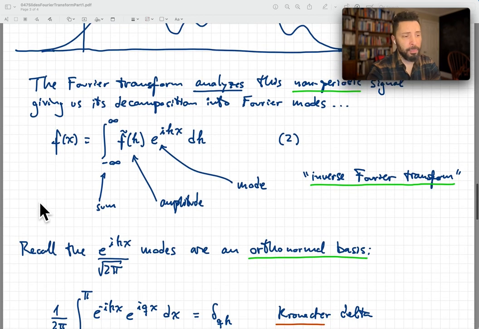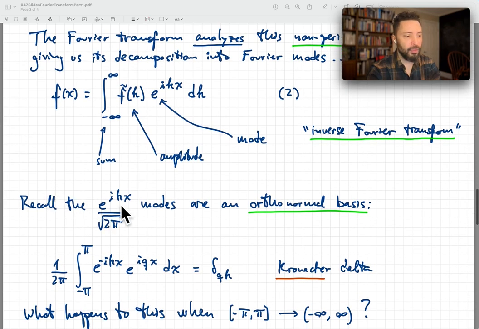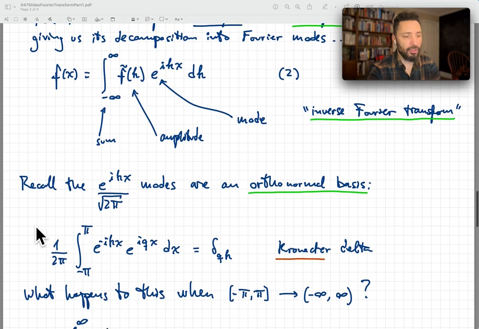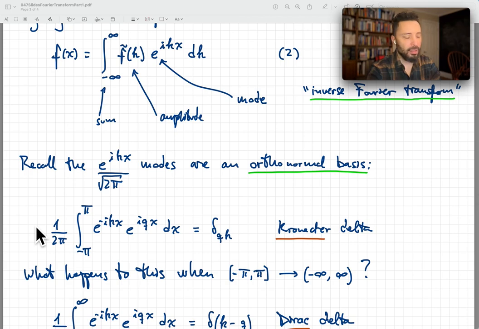Now, recall that we saw in previous videos that these e to the ikx objects divided by square root of 2 pi, these modes, are an orthonormal basis. And we saw that in the context of the interval minus pi pi, or we might have seen it in the context of the interval minus L L. It's the same idea. And this is the equation that defines what we mean by an orthonormal basis in this context.